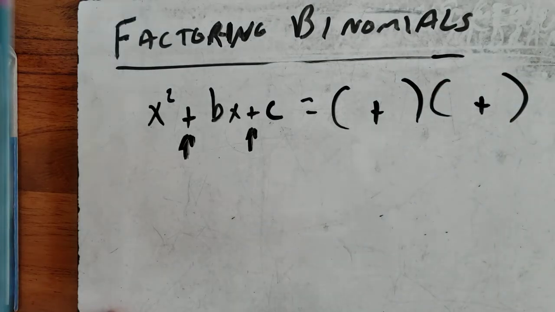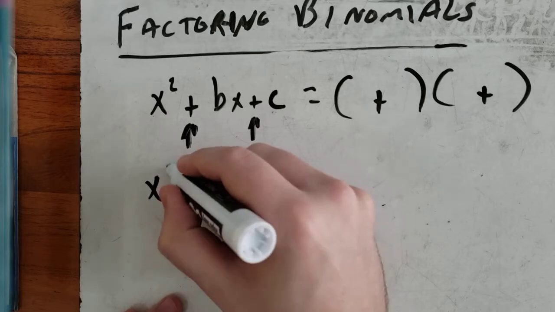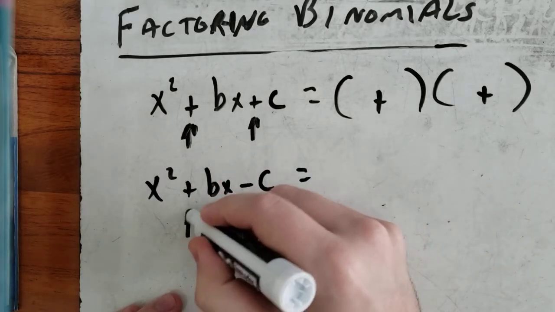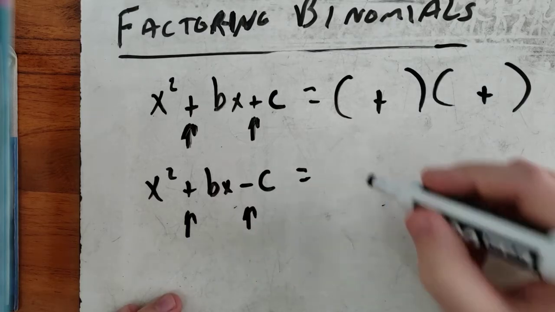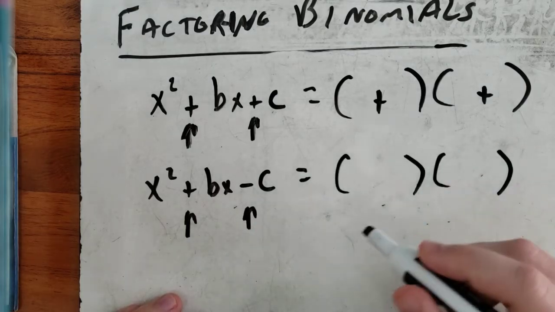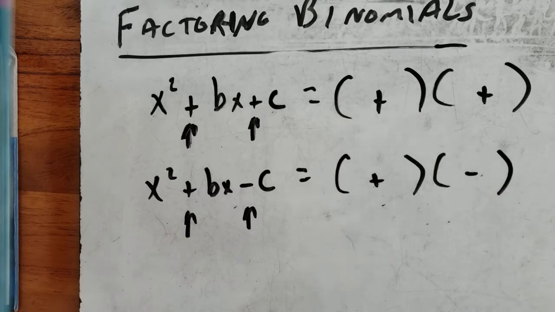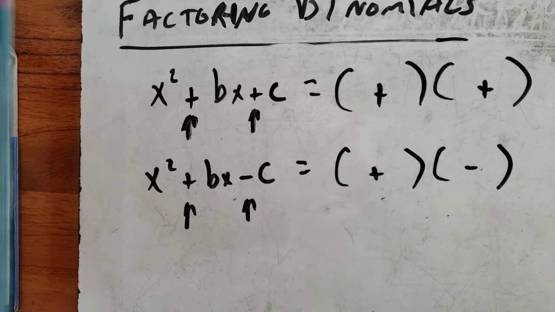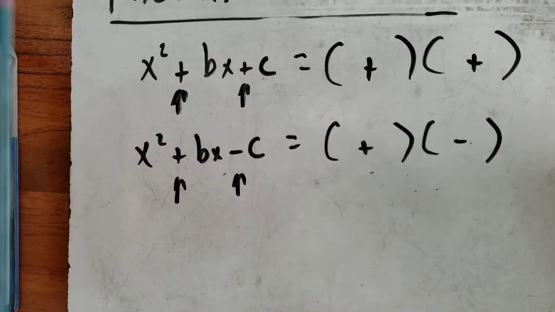Okay. If I have x squared plus bx minus c, so if I have a plus and a minus, my answer is going to be a plus and a minus. Okay.